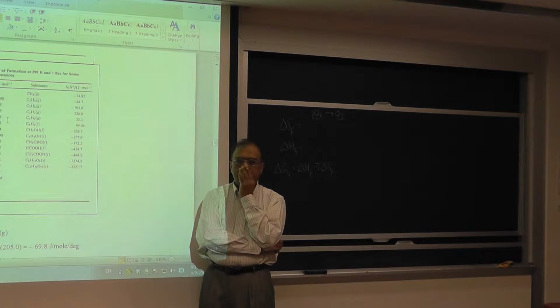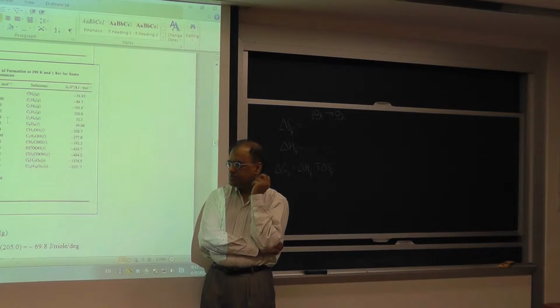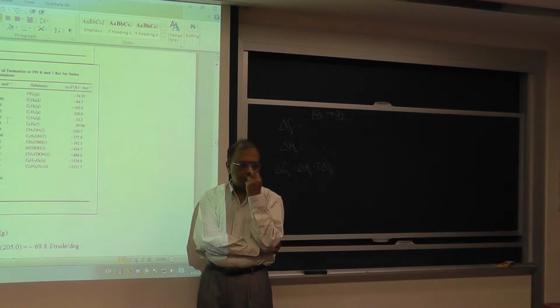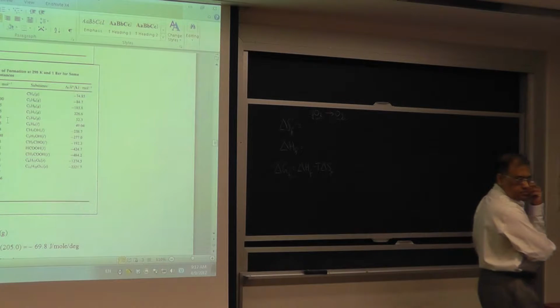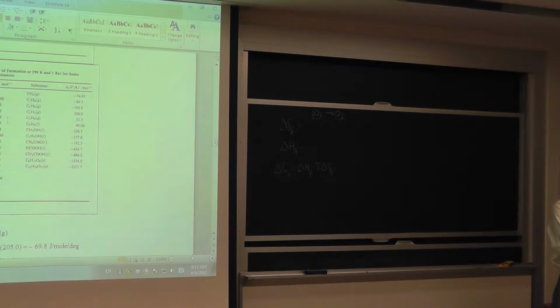So when you put the thing here, you're going to have to balance it between the sides. To balance it, you're going to have to multiply by 2. Because you always multiply these numbers.